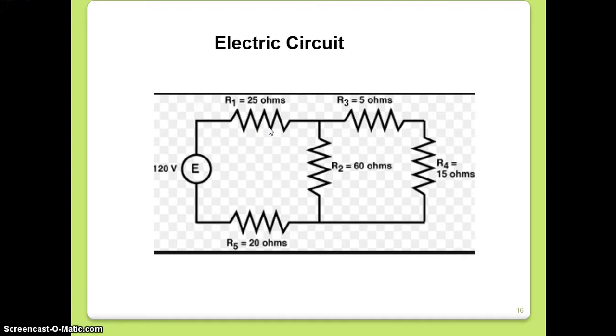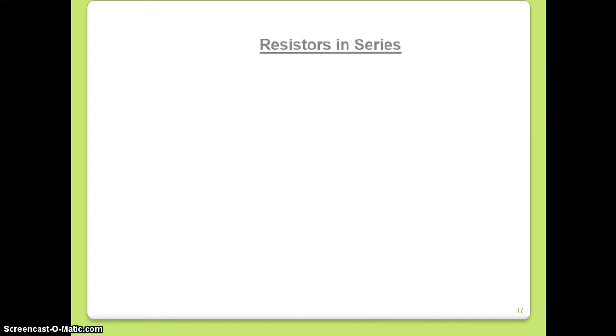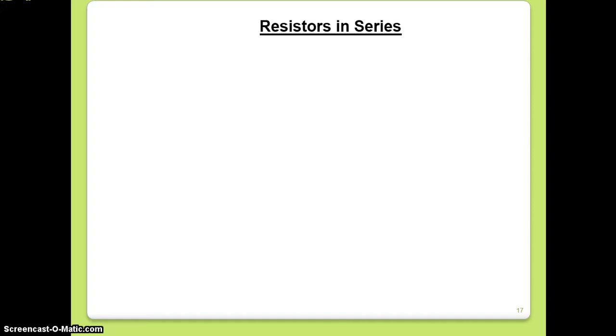Now, resistors can be connected in different patterns. As you see here, it's a complex network. So we'll start with the very basic connection of resistors, that is series connection, and then later parallel connection.